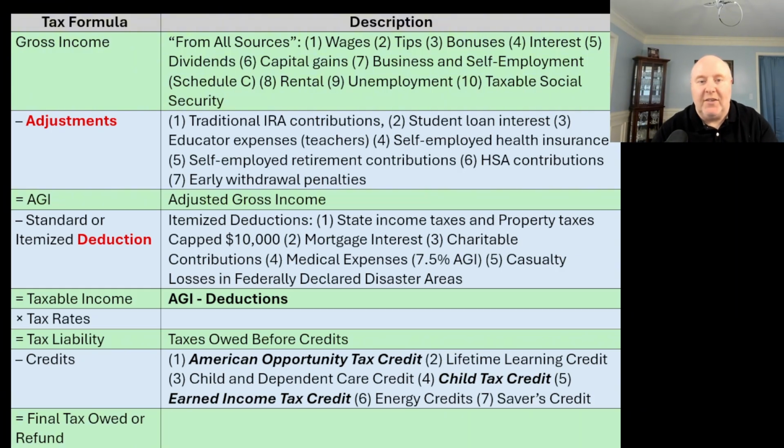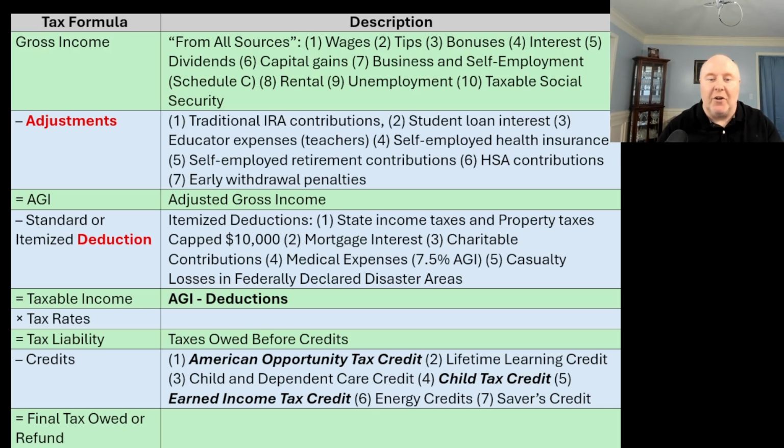Now, what this means is if you have an adjustment or an above the line deduction, you get to take all these deductions, and then you still will make a decision on whether you're going to itemize or take the standard deduction. So even if you're taking the standard deduction, which about 90% of taxpayers do these days, well, you can still take, and you should be taking, all of these above the line adjustments.